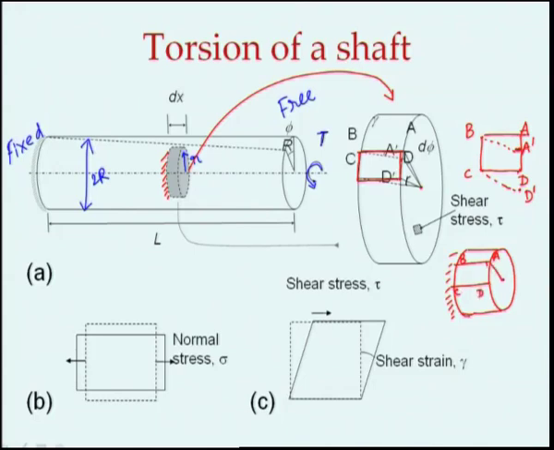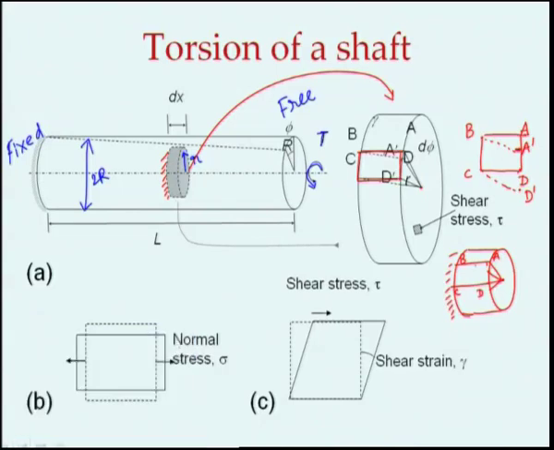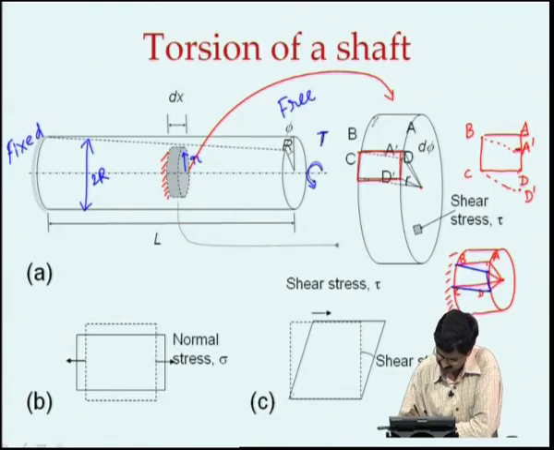What was there before, now A goes to A prime somewhere here, D goes to D prime. Since B and C are fixed, we will leave them as they are, and now we will see what happens to A, B, C, D. It actually becomes A prime, B, C and D prime. So the effect of torsion is actually to cause what we call shear in this rectangle that we have taken. To see that, here we have shown it in the dotted line.